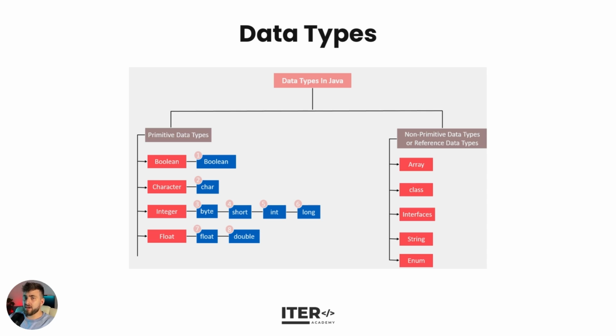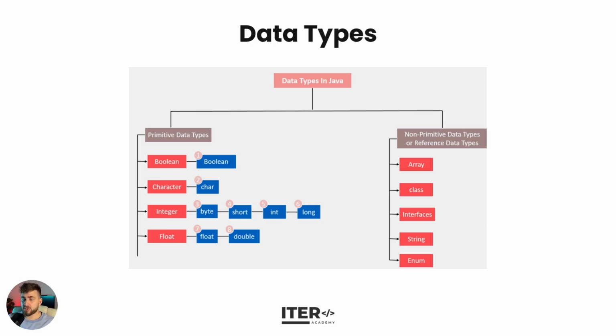Java supports a variety of data types, including primitive data types, such as int, double, and boolean, and reference data types, or non-primitive data types, such as arrays and objects. Each of these data types has its unique characteristics and limitations.